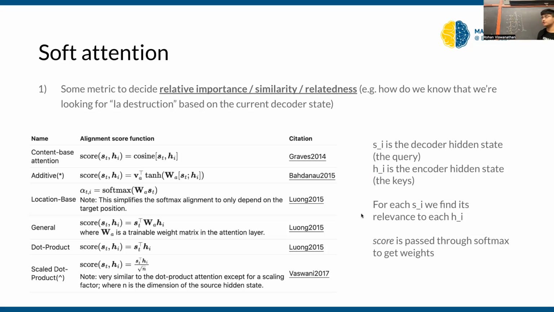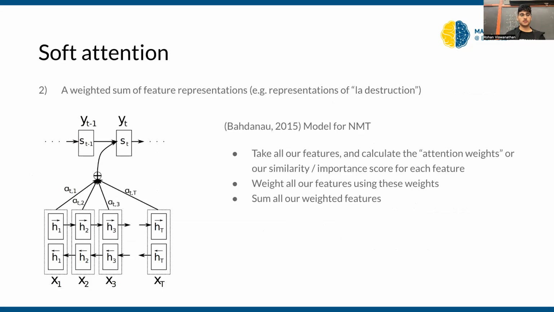So these weights are generated through a softmax function to get a probabilistic representation of the relatedness of a query with a bunch of different keys. This basically explains that we take our features, calculate attention weights, weight all of our features using these weights, and come up with a linear weighted sum of all of our features.